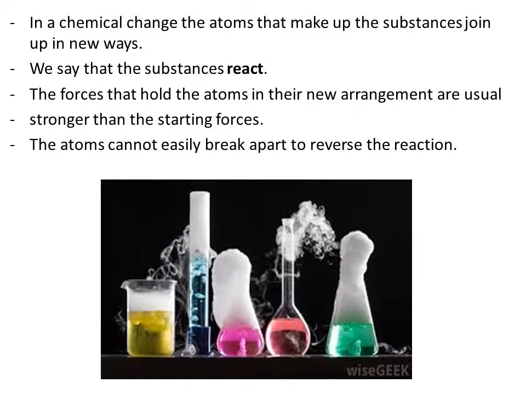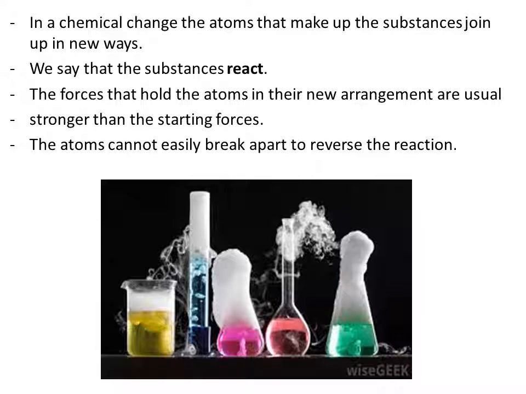In a chemical change, the atoms that make up the substances join up in new ways. They give me something different. We say that the substances react. That's why we say the word reaction. The forces that hold the atoms in their new arrangement after the reaction are usually stronger than the starting forces.